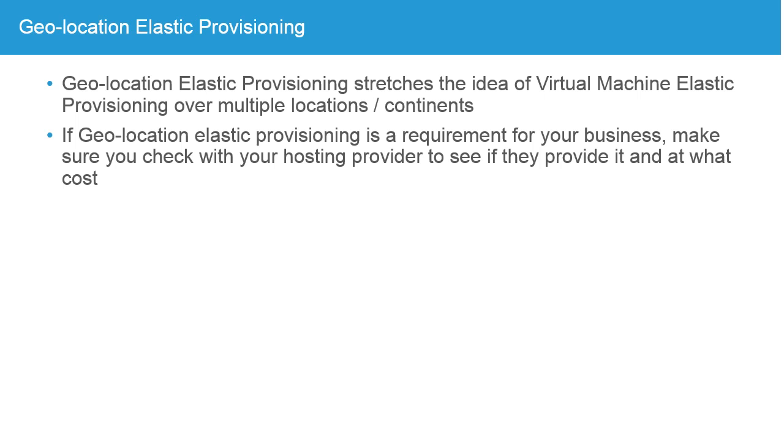Now, obviously, that's not going to be the case with every small and medium business, but in some cases it could be a very valuable thing to look at, actually locating those workloads where they're of most benefit to your business and your customers. If geolocation elastic provisioning is a requirement for your business, make sure you check with your hosting provider to see what they provide and at what cost.